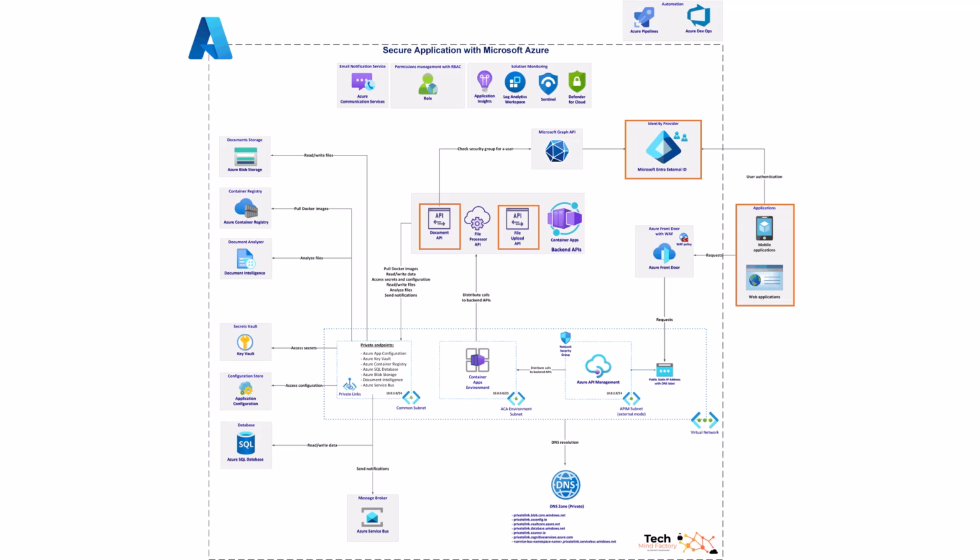File Upload API is responsible for uploading files to Azure Blob Storage. And Document API is responsible for retrieving data from the database about scanned files and returning this in the form of JSON data to the web application. So this is the part of the solution we are going to focus on in this video.